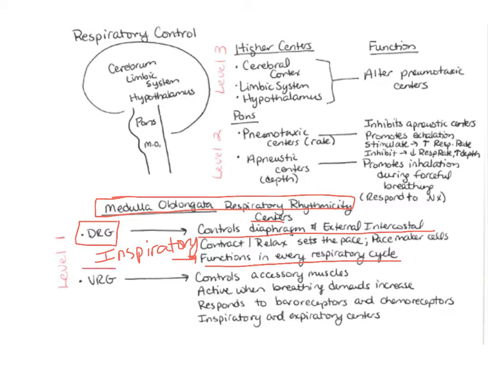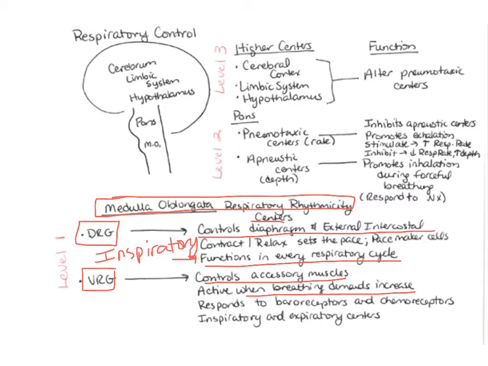The ventral respiratory group, on the other hand, controls the accessory muscles, so it isn't active during quiet breathing. The dorsal respiratory group works during quiet breathing, but it also works during forced breathing. The ventral respiratory group is only active during forced breathing or when breathing demands increase.